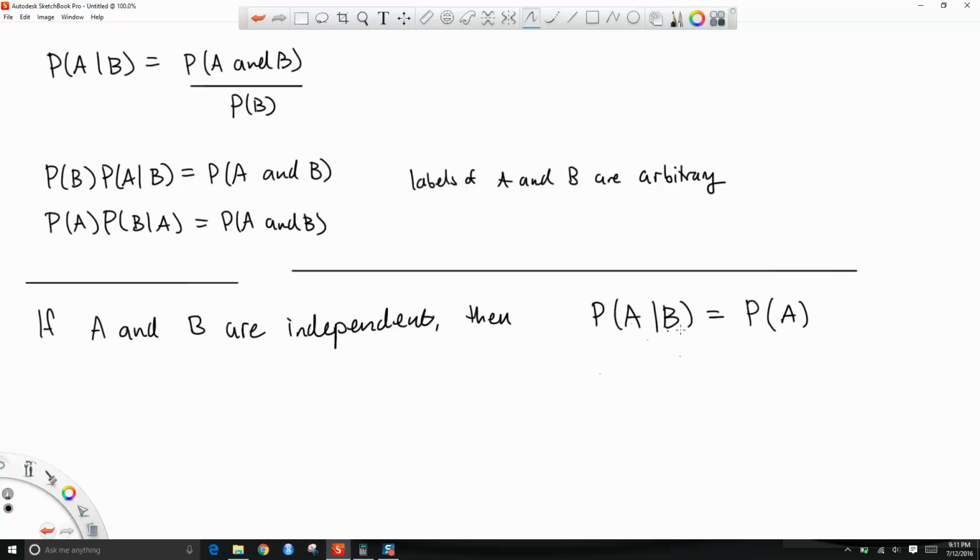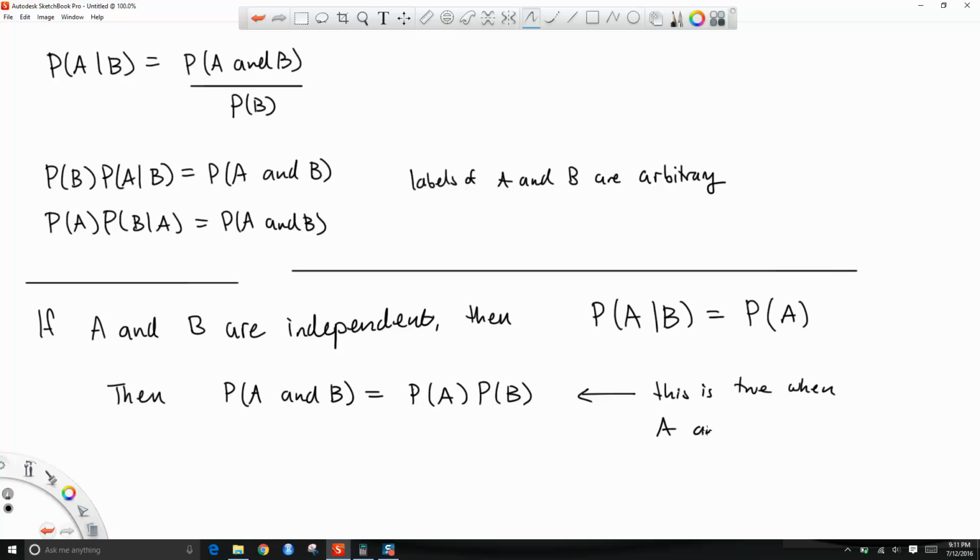Knowing whether B has happened or not doesn't influence the probability of A. It's just the probability of A happening. If B has happened, it is just the probability of A happening. Okay, and so if that's the case, then the probability of A and B is equal to the probability of A times the probability of B. So this is true when A and B are independent.